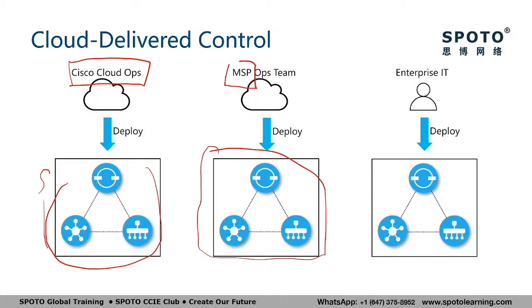They provide the maintenance services, and you can subscribe and consume this as a service. These 2 solutions are basically the same. The only difference is at the back end: who manages that. If Cisco manages that, it's Cisco Cloud Ops. If it's managed by the service provider, it's MSP Ops Team.